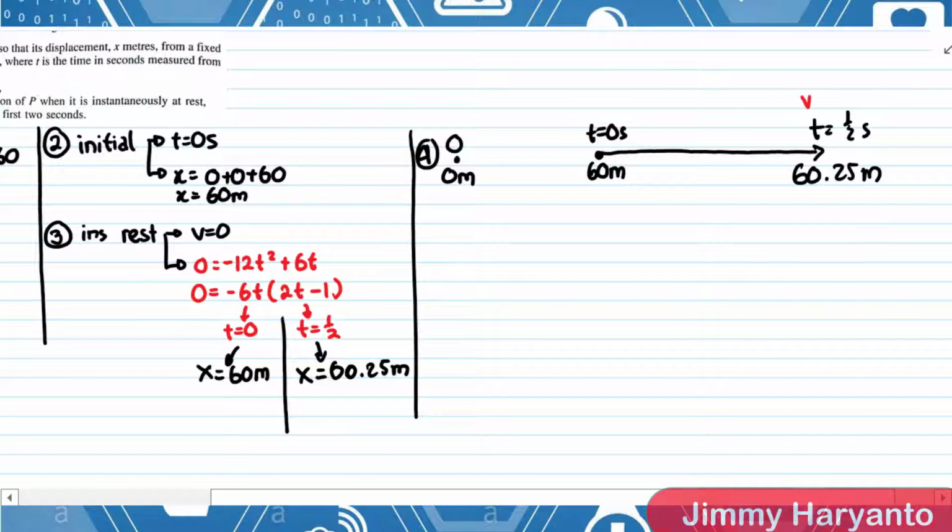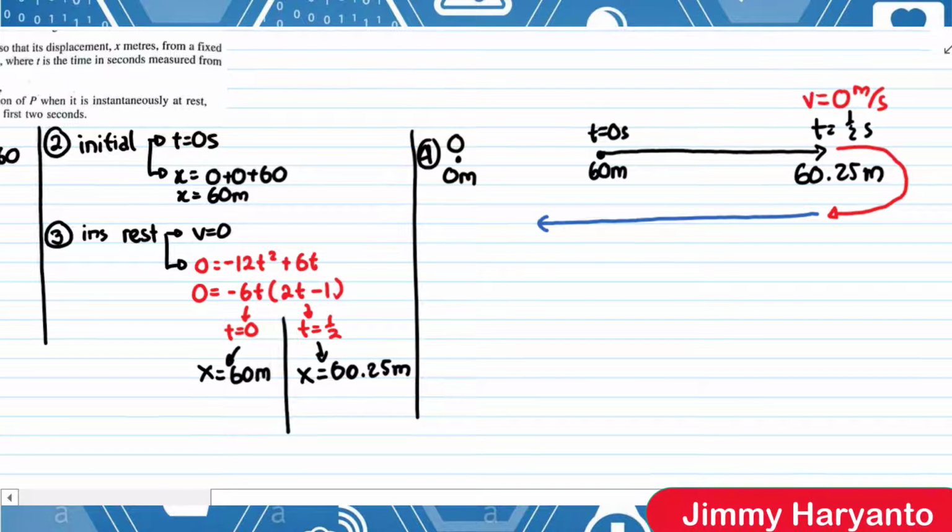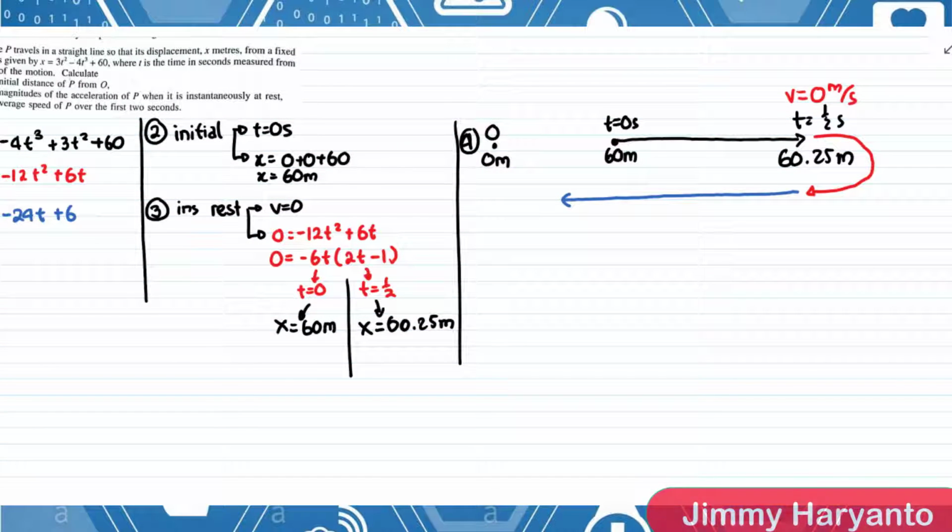And please take note that when this happens, the value of the velocity is 0, and that also means the particle is taking a U-turn, and then after that it will continue the motion. Okay, so our sketching is done.